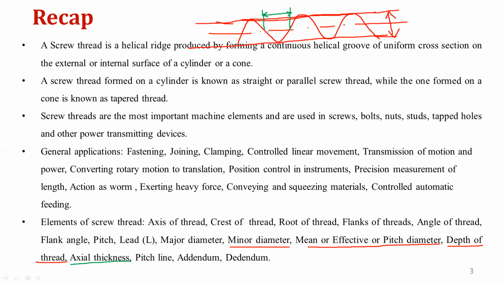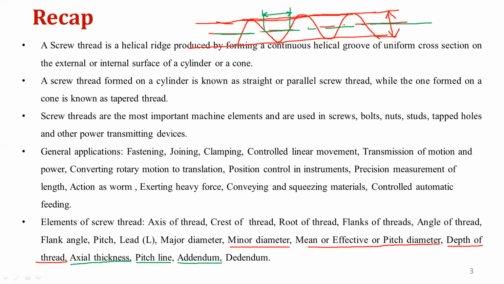Distance between the two opposite faces of the same thread measured along the pitch line is called the axial thickness. And what is pitch line? Pitch line is a line which divides the thread into two equal parts.